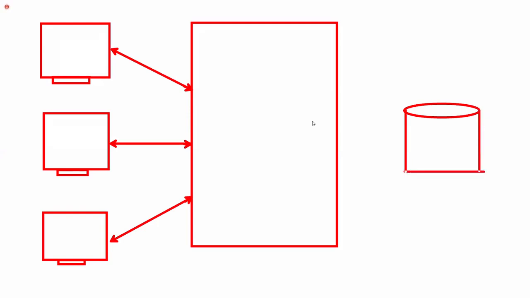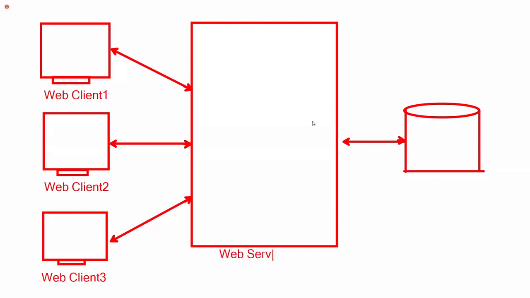Now, client, server, database: client 1, client 2, client 3, server, database. Like this, we have web clients, nothing but browsers: web client 1, web client 2, web client 3. No need to write this because it is a general example. For every session tracking method, I'll give a separate diagram. This is the web server. This is the database.